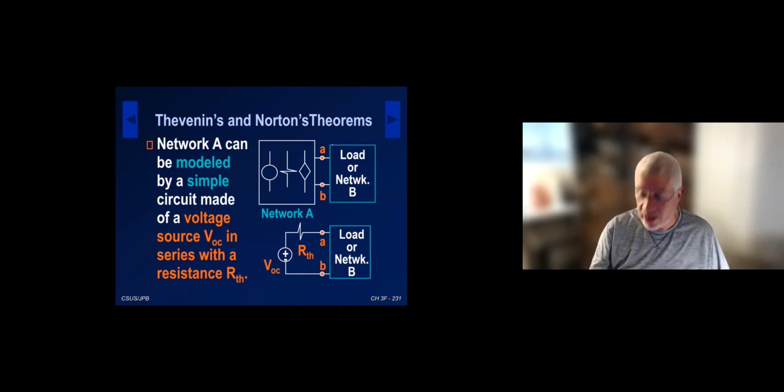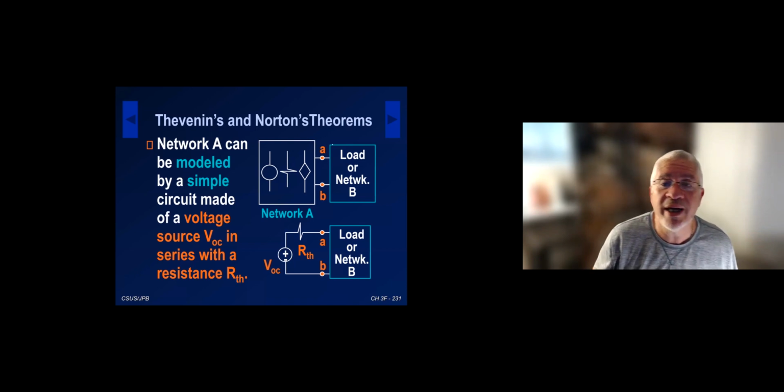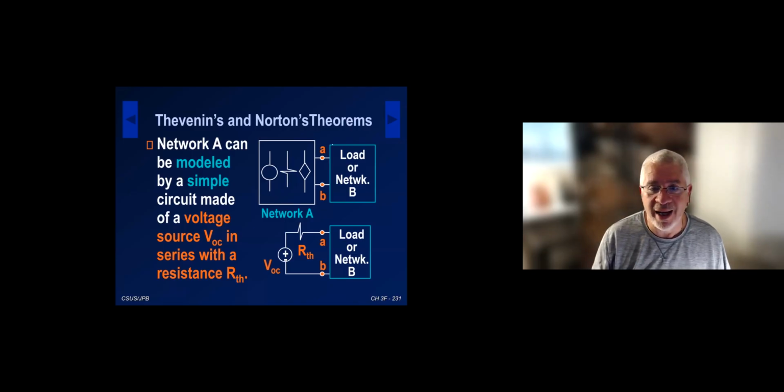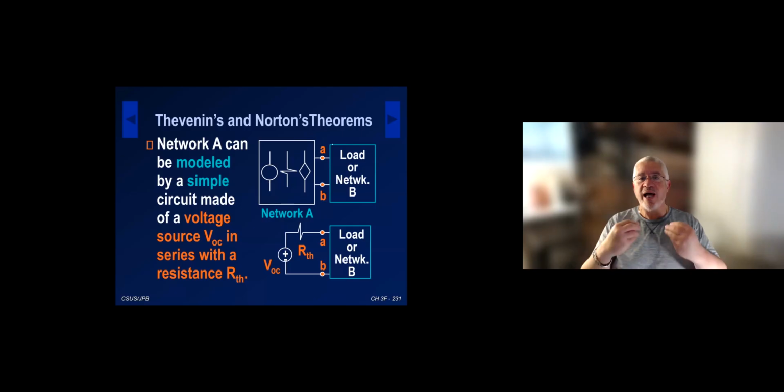So we started the discussion by looking at the Thevenin model. And so we made a case, I'm hoping successfully, why we need a model. The kind of circuits we're looking at here are circuits that connect to the outside world via one pair of terminals. You can look at, for example, your car battery as such a circuit.